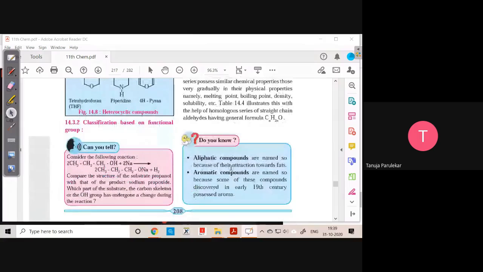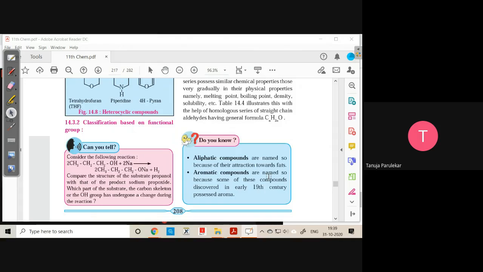Now, do you know that aliphatic compounds are named so because of their attraction towards fats? Okay, aliphatic. And aromatic compounds are named so because some of these compounds possessed aroma. Aroma, you know, is smell. So some names were initially given based on something they found out, but later on it need not be true for all the compounds.